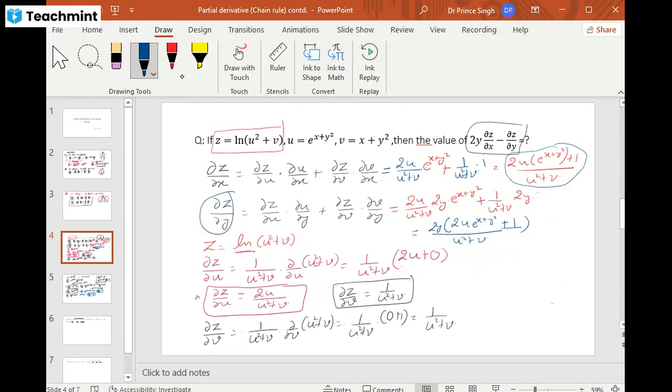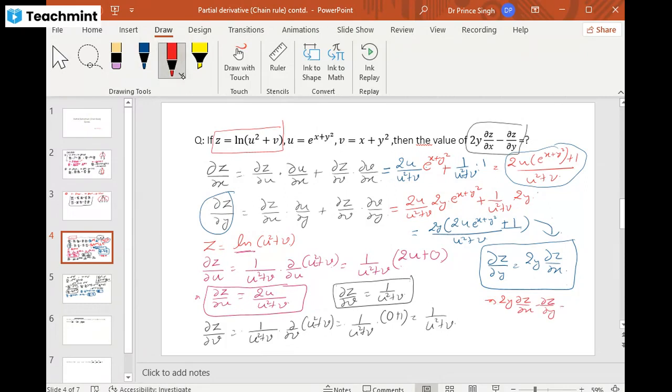So what is ∂z/∂y? This is equal to 2y times ∂z/∂x. This is what we can conclude from this particular expression, right? And if we take this term on the other side, we get 2y ∂z/∂x minus ∂z/∂y is equal to 0.